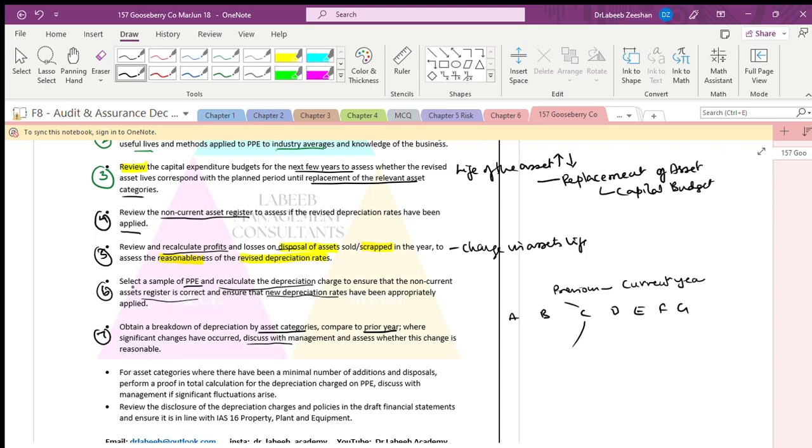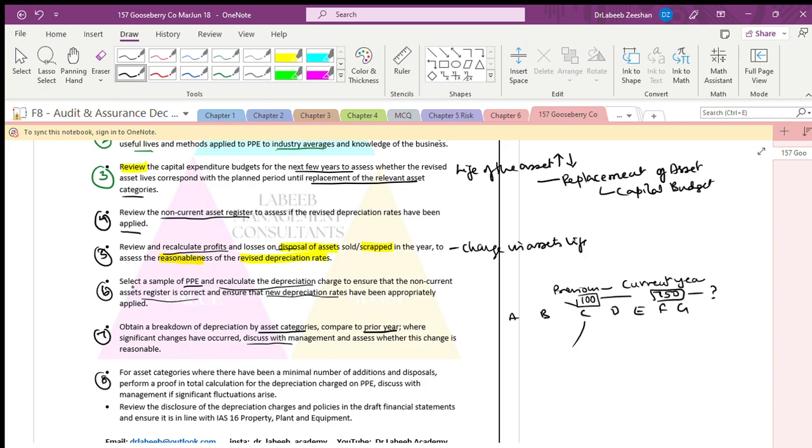For example, in the previous year depreciation was 100 and this year depreciation is 750. If there is such a huge gap in the depreciation amount, there will be a question mark about why it happened, and we have to immediately discuss with the management whether the change is reasonable.